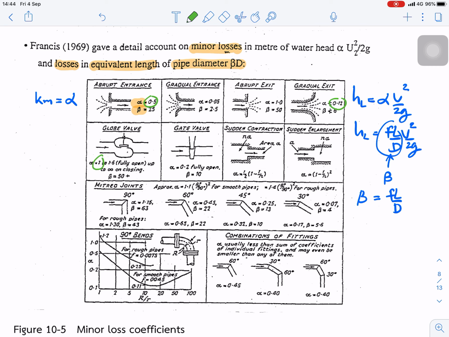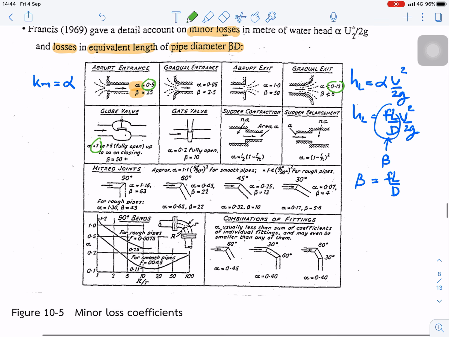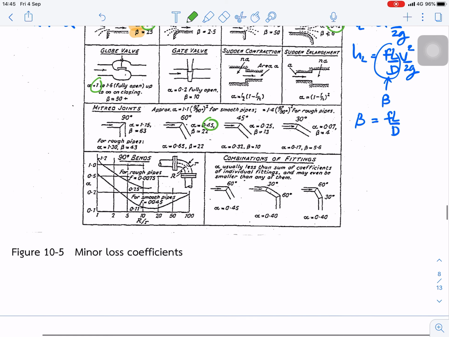And for bends, for 60 degree, we can use this number, 0.45 for the bend.